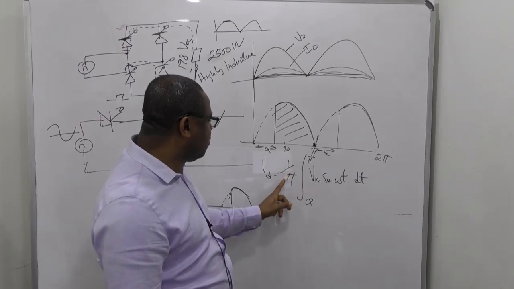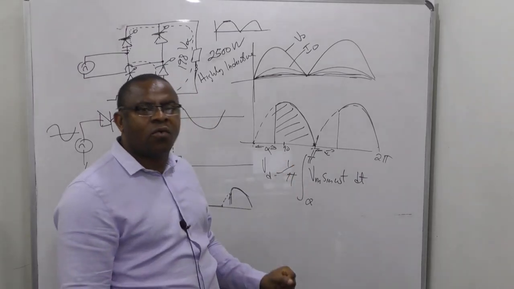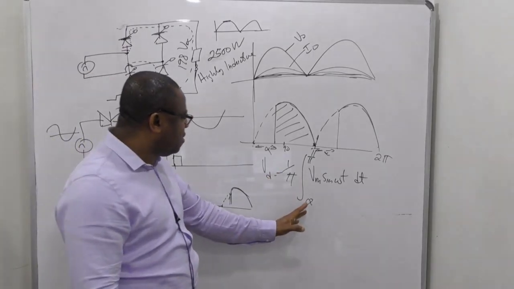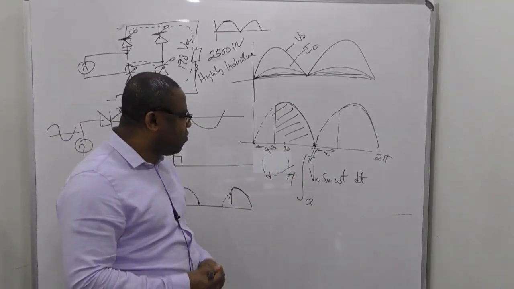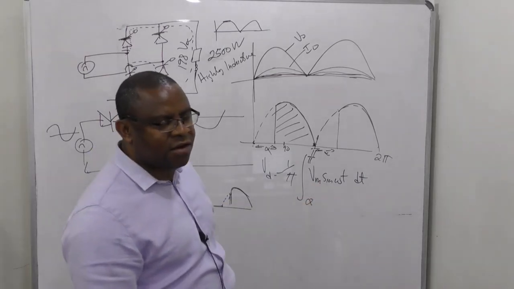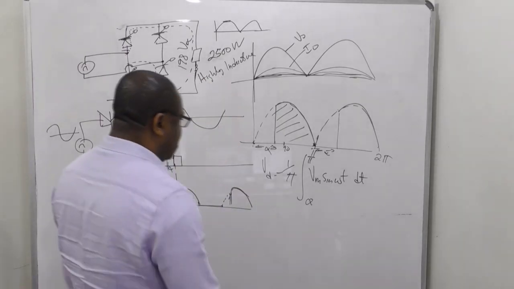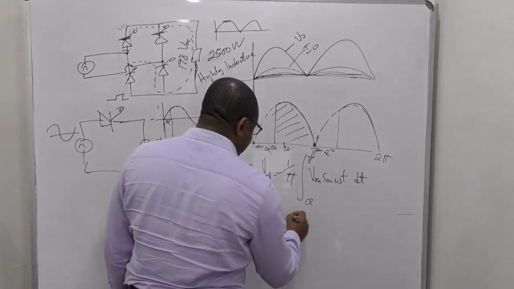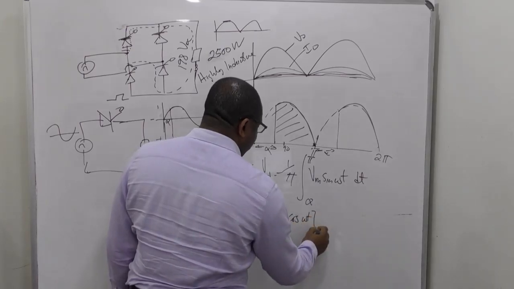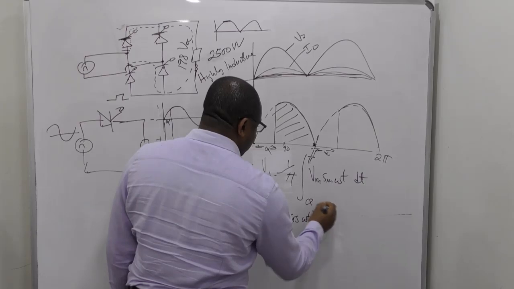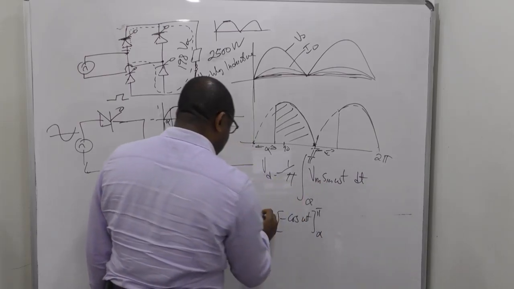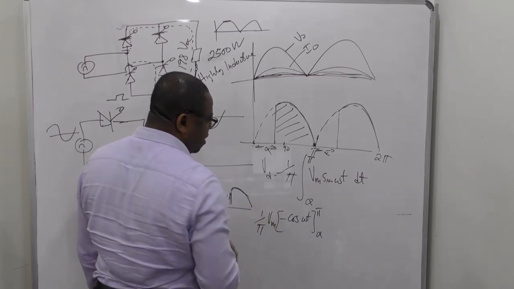That 2 cancels the 2 in 2 pi, so you still have 1 over pi. When you integrate sine, you get minus cos, so we have minus cos omega t from alpha to pi, with Vm and 1 over pi outside.